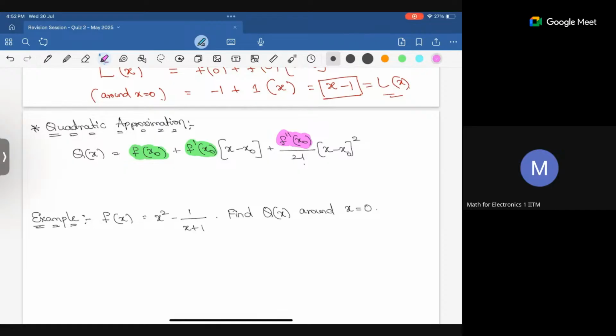For that we have to compute f double prime of x, which is a little time consuming. So if you can spend that time, you will have much better approximations. Okay, so we will do that.